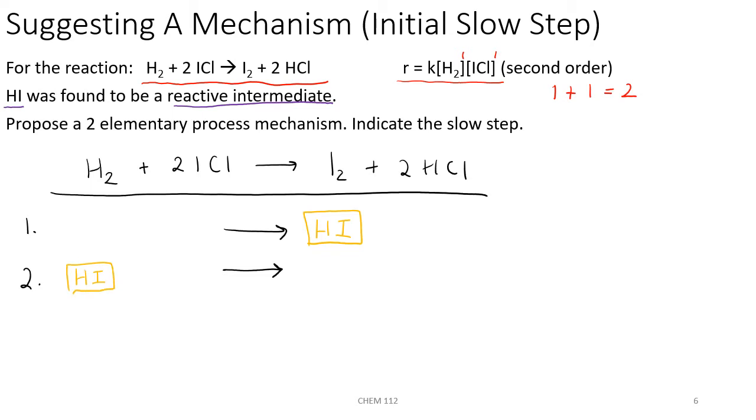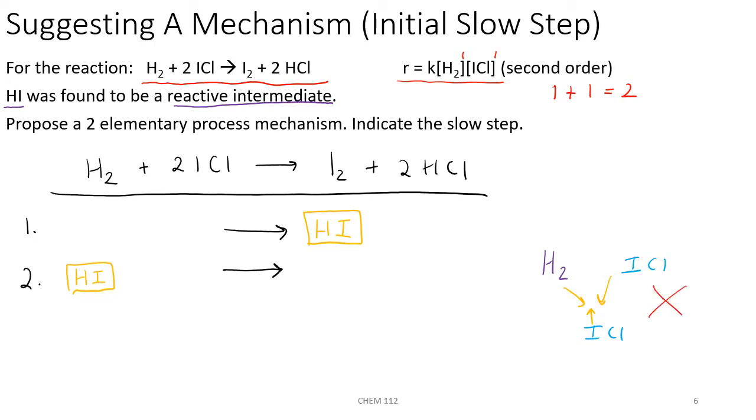So now let's think about what could happen in the first step. It's unlikely that we're going to have H2 coming together with two molecules of ICl. Recall, this would be a termolecular reaction if all three of those things came together and collided at the same moment. So we know that's not going to happen here.